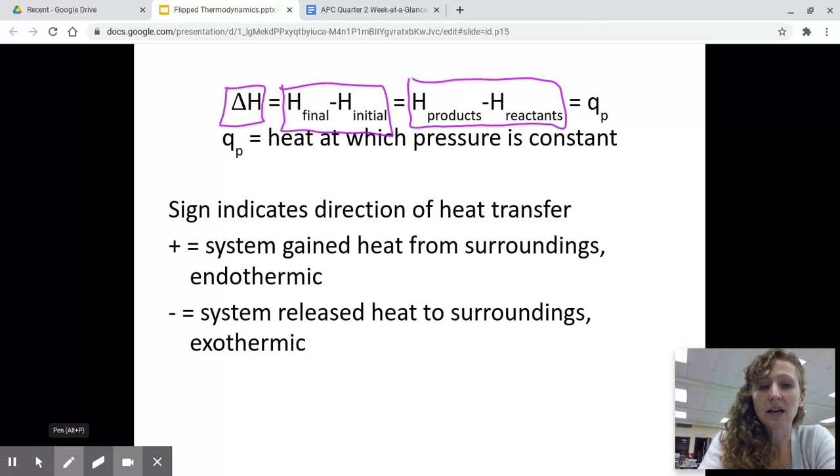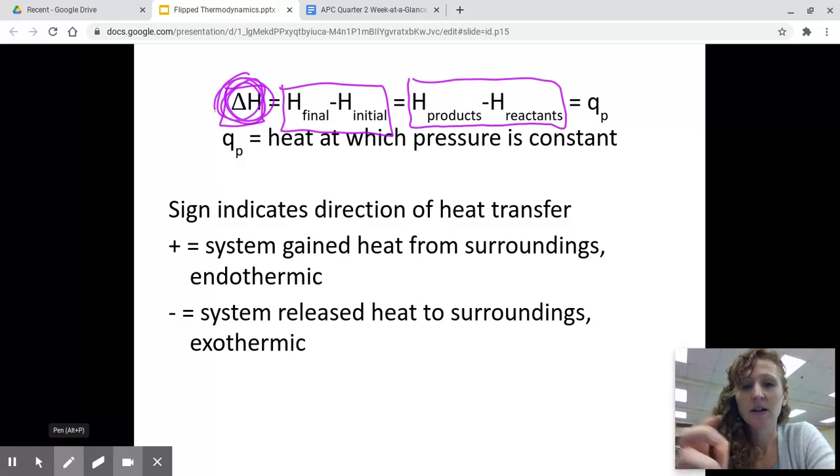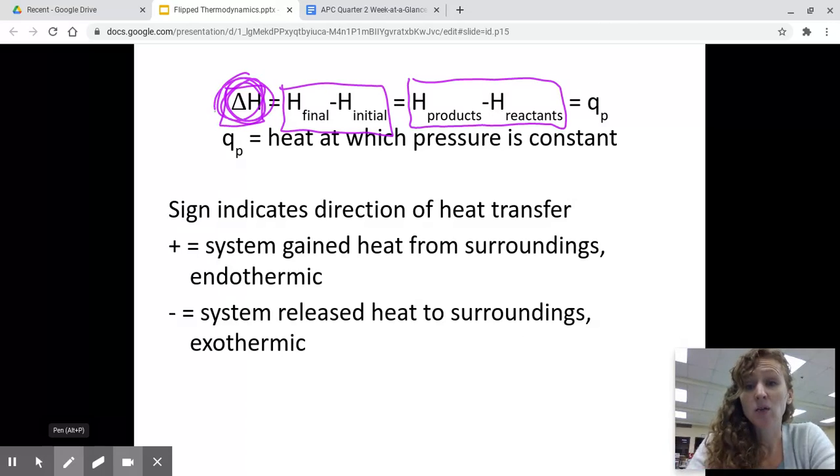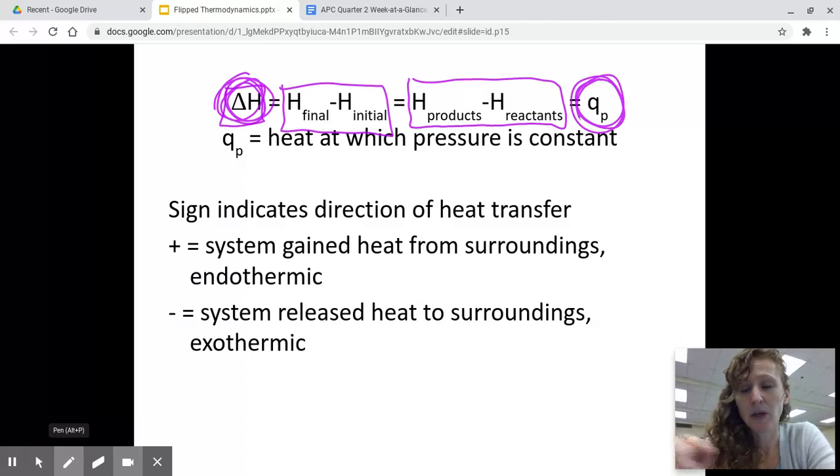You might see enthalpy as a delta H, like we talked about on the other slide. You also might see it as a Q with a subscript of P. Remember, this comes from the formula energy equals work plus heat. So Q is heat.